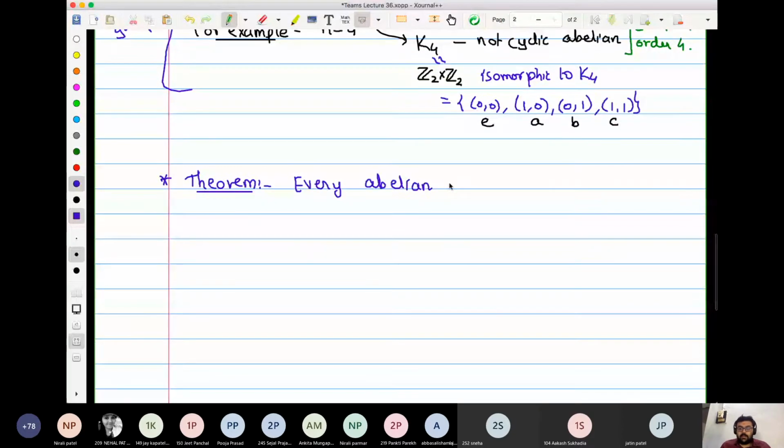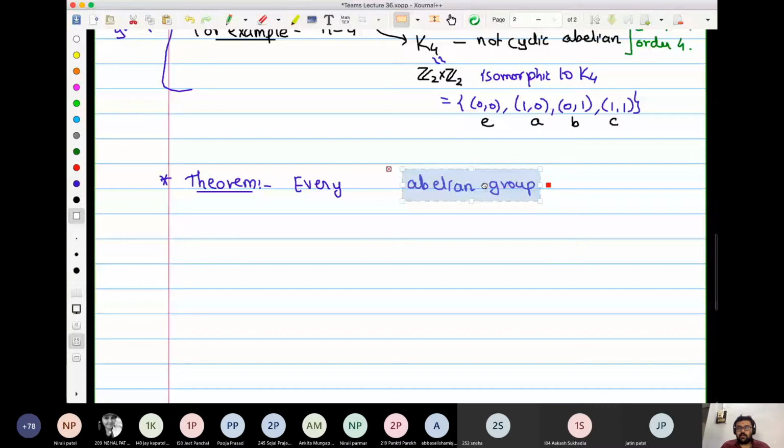Every finite abelian group, of course, can be written as a direct product of cyclic subgroups. Very important result.